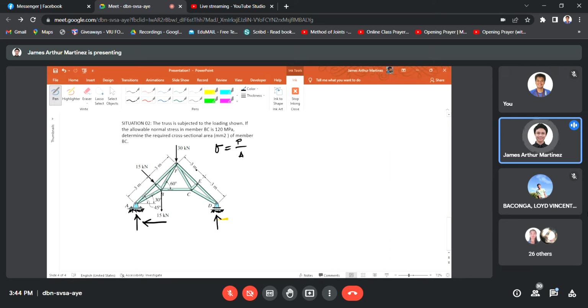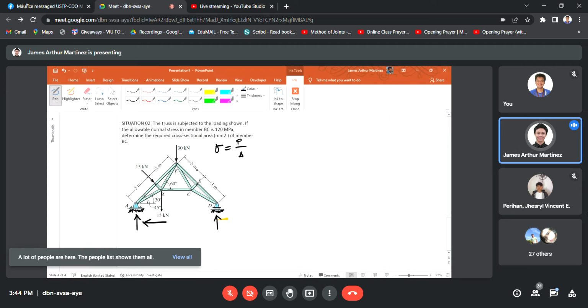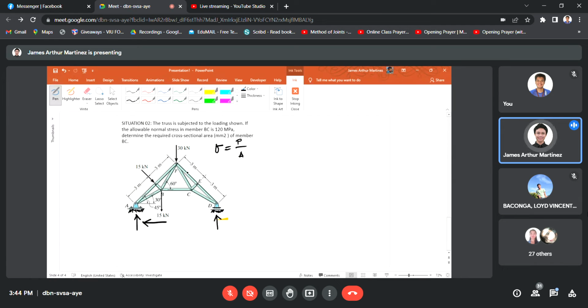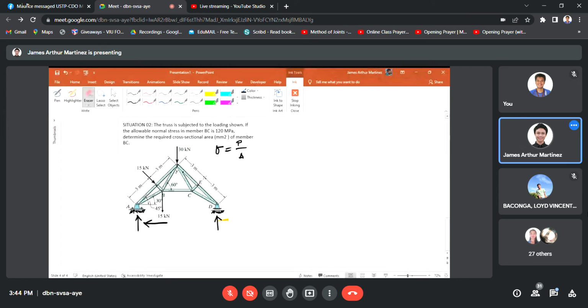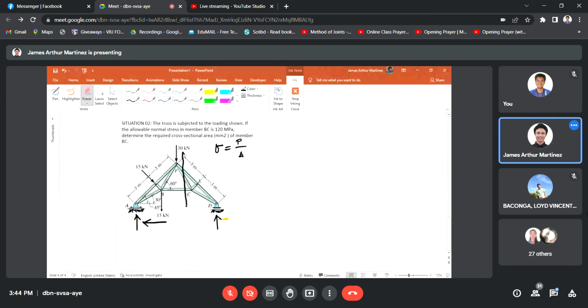We have two available methods for that: method of joints or method of sections. But in this case, the method of sections is easier. So we cut the structure at this plane.